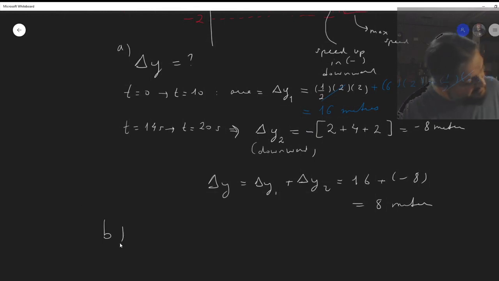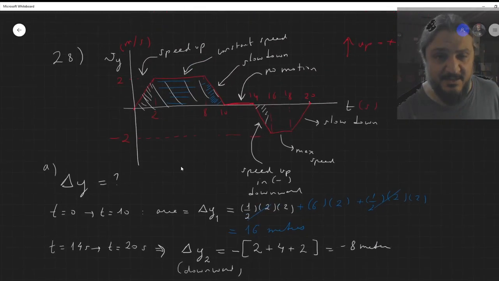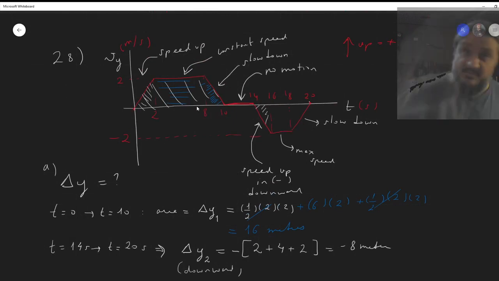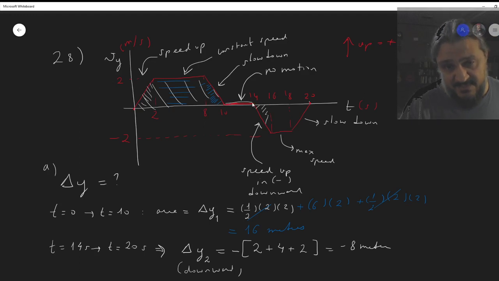When is the elevator at its highest location above the starting point? When? Okay, please do not say, oh, I'm looking at the graph, it looks like 8. No, between 8 and 10 seconds it's still moving, right? So, right there, between 10 and 14 seconds, that's where it is at the highest position.